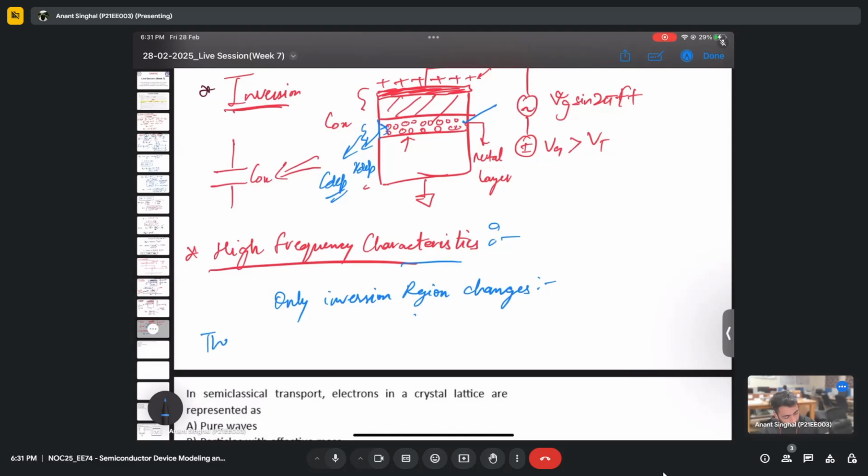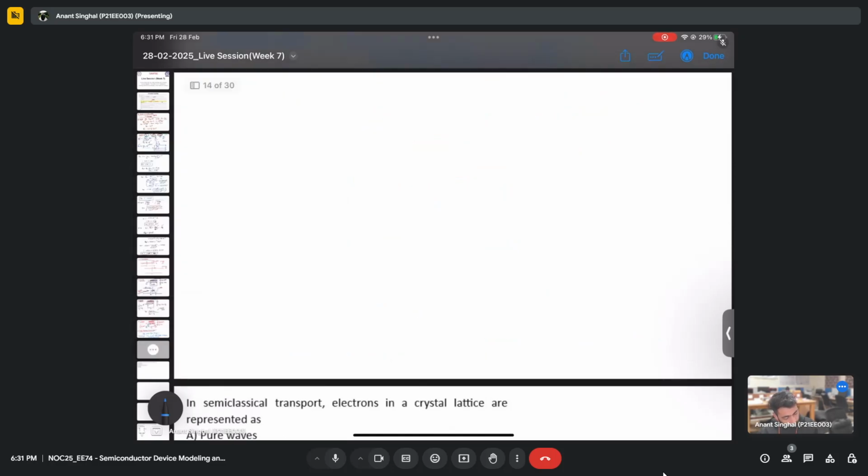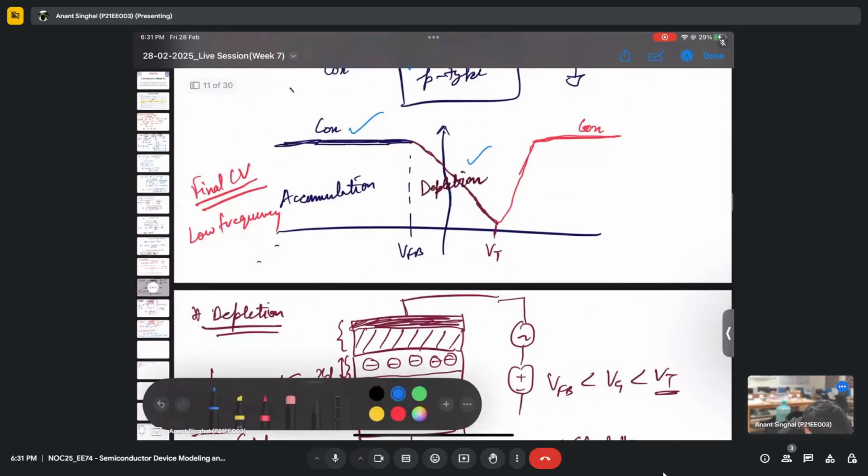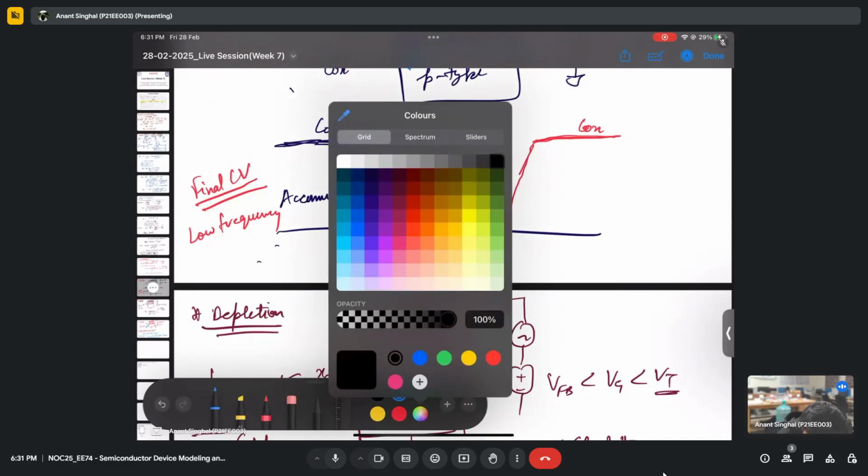Since the thermal generation of electrons is not fast enough to respond to high frequency variations, if I talk in here only, let me use green only.